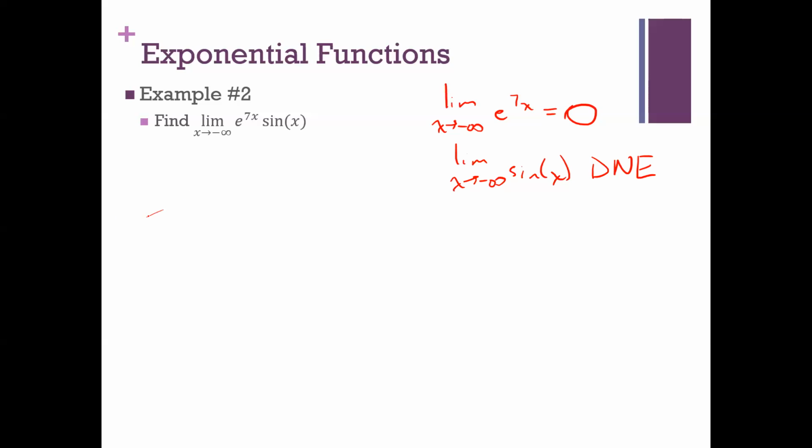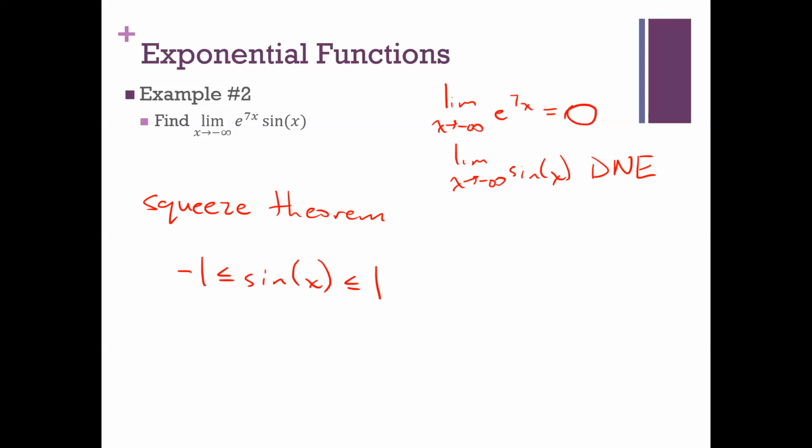So I'm going to bring up something that we did a while ago. We can use the squeeze theorem here. I heard groaning. Nobody likes this thing. But one thing we do know about sine of x is that this is always true: negative 1 is less than sine of x, which is less than 1.